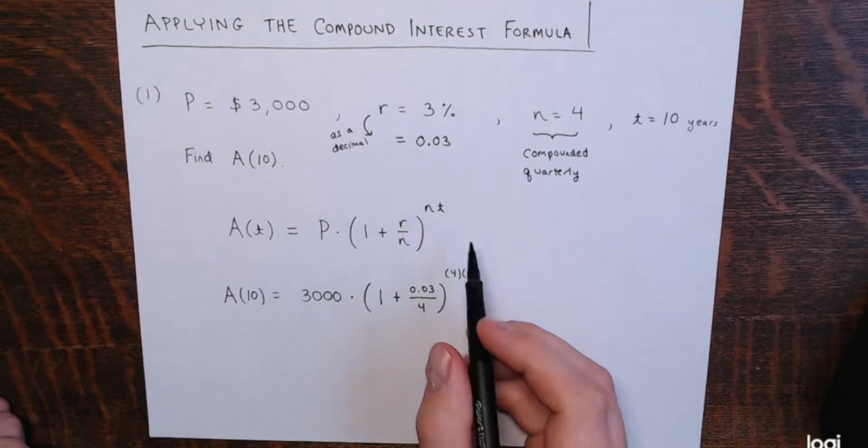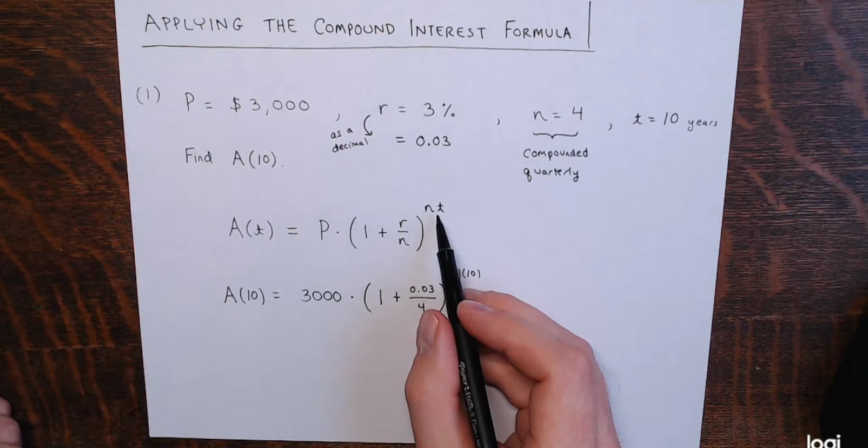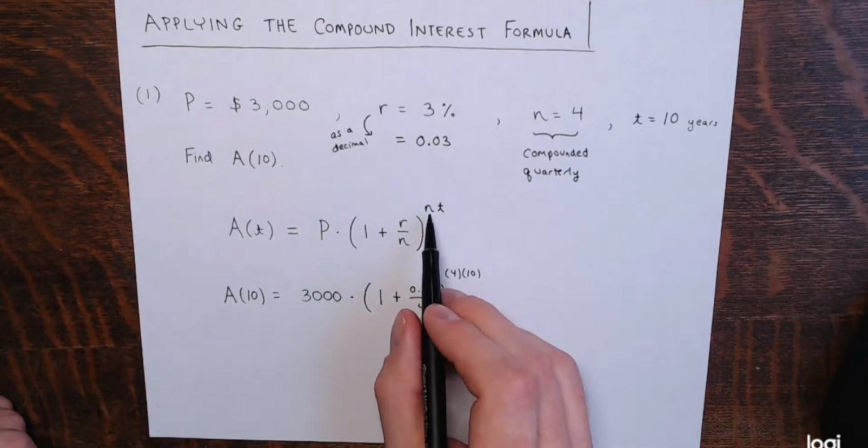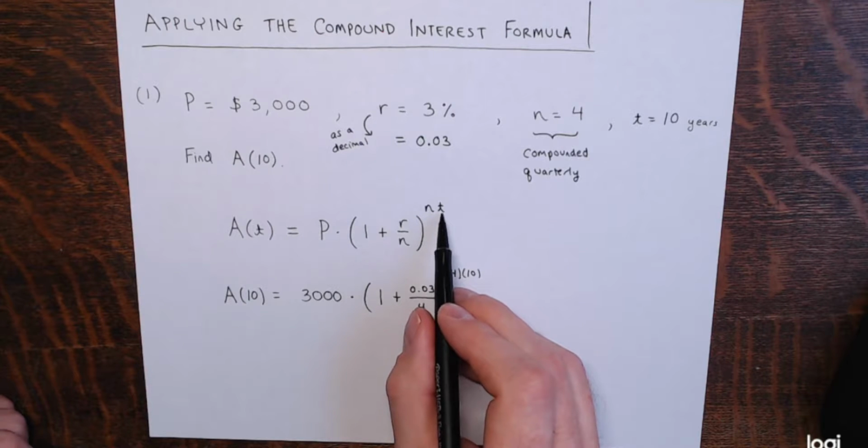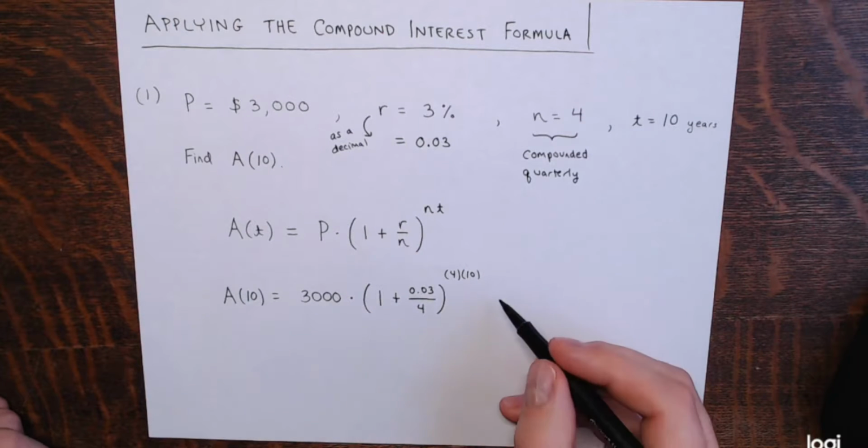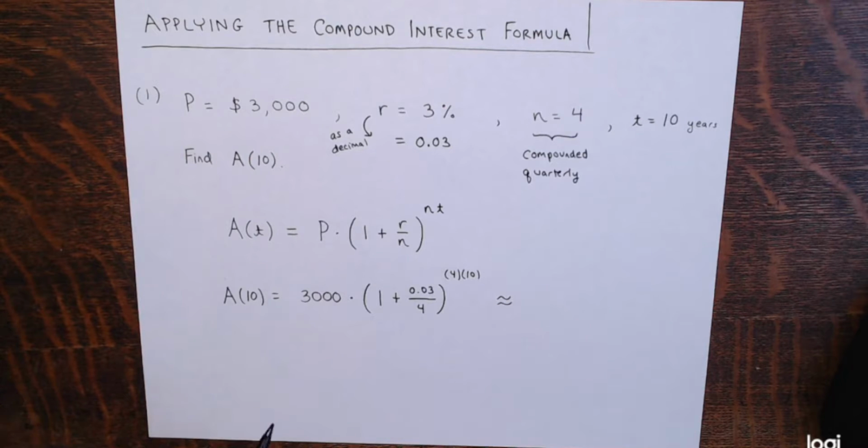Basically, this power is just how many times interest got added in total. And then we'll round this to the nearest cent, dollars and cents. So basically to the nearest hundredth.